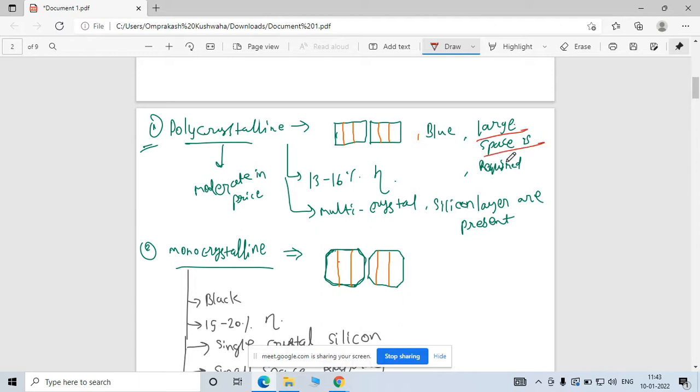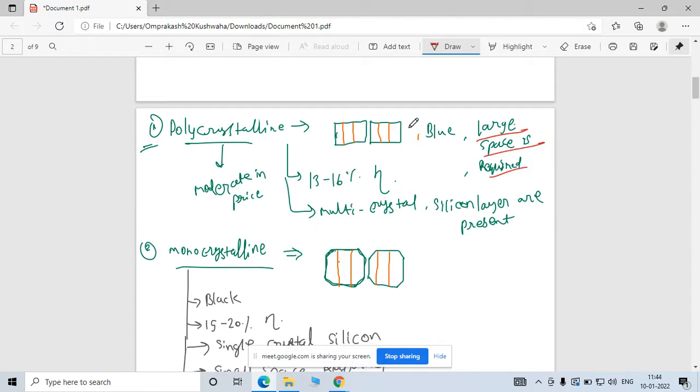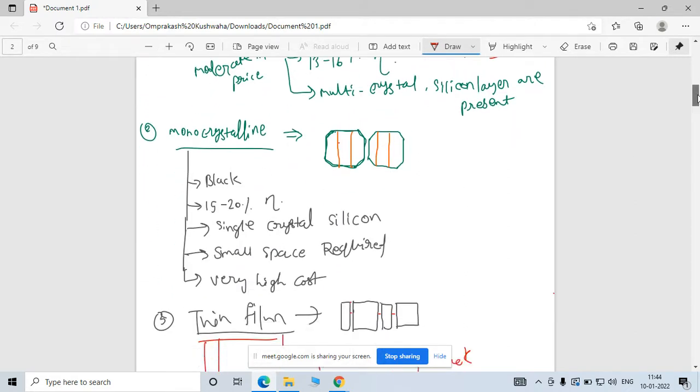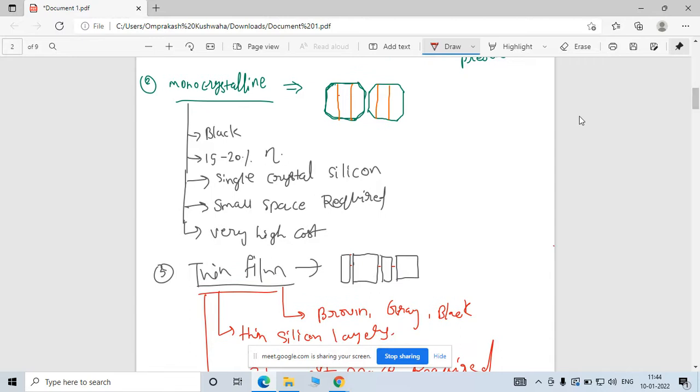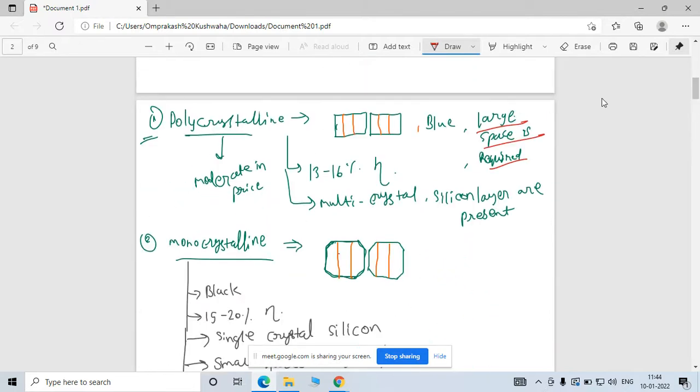For example, the polycrystalline structure generates 1 kilowatt power for a particular area. For generating 1 kilowatt, the area required by monocrystalline is less, and for the same 1 kilowatt with the thin film type structure, the area required is greater than these two.